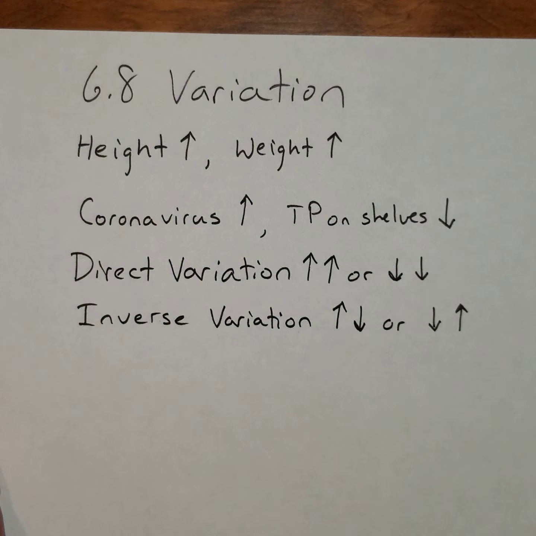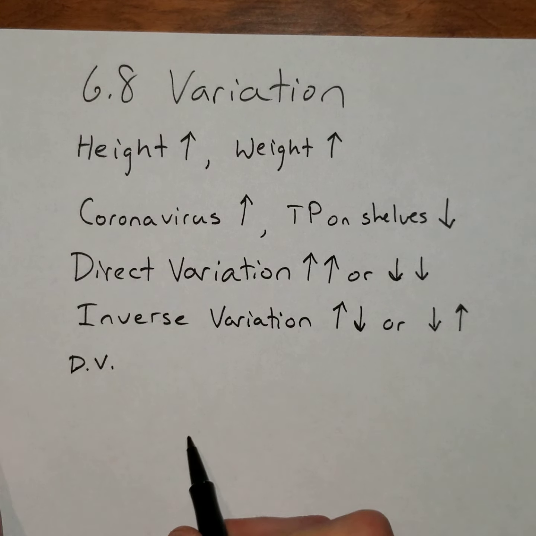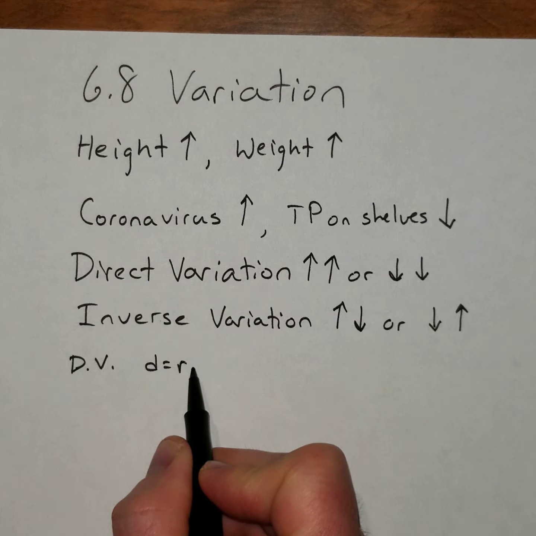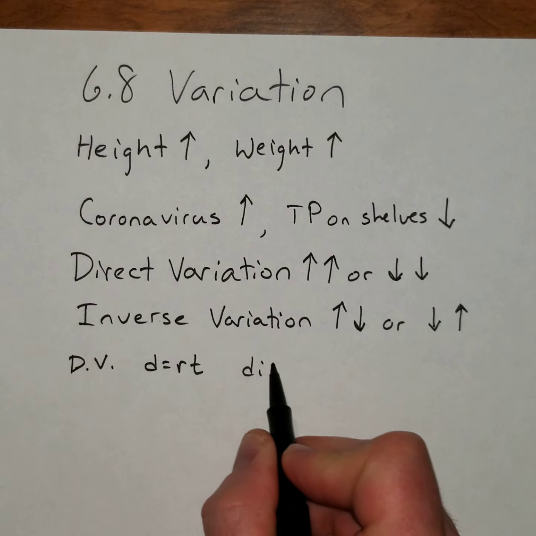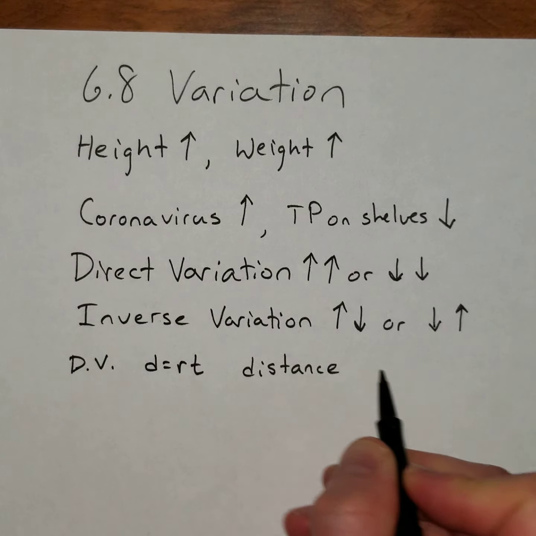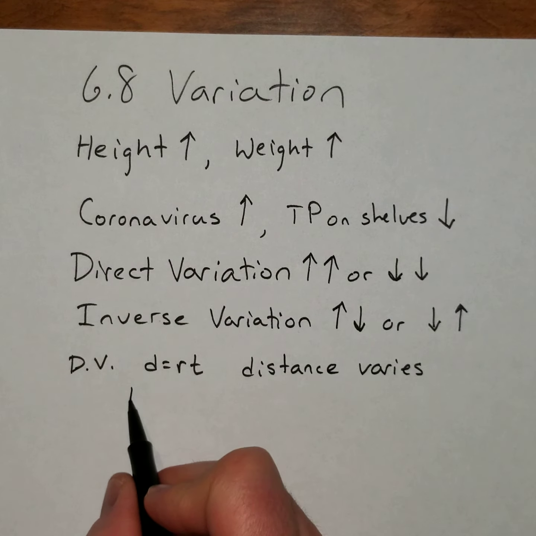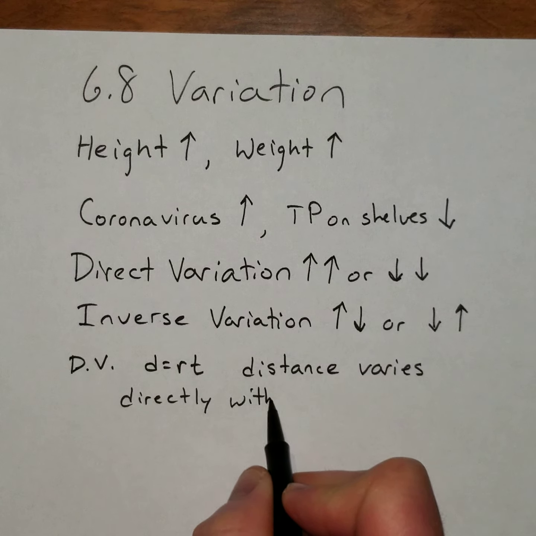Now, an example of direct variation, one that you've probably seen before, is distance equals rate times time. Okay? We would say in this case that distance varies directly with time.